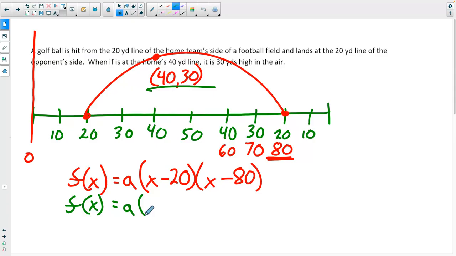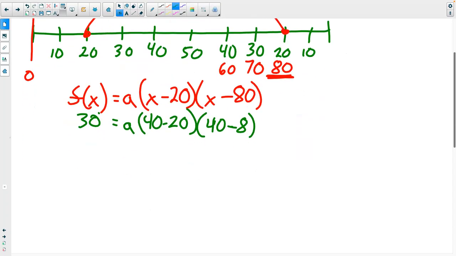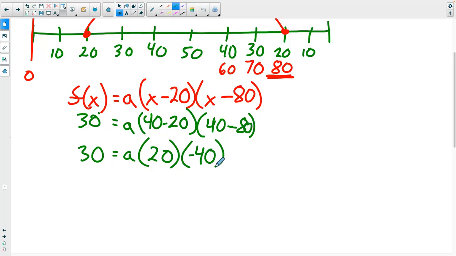So I'm going to plug 30 in. And 40. What do I get for this number?